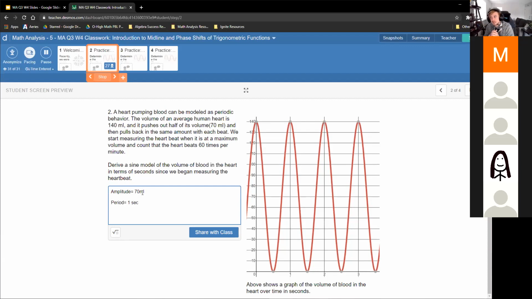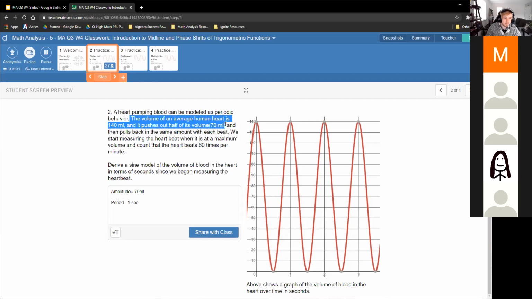I want to point out something, guys. I made a big mistake here in my graph. Some people probably got amplitude 70 in the same way that Mila did from looking at the graph. But if you used the word problem, actually you would get an amplitude of 35. This is something that I'm just now noticing. My bad. It said that it pushes out half of its volume and then pulls back in the same amount.